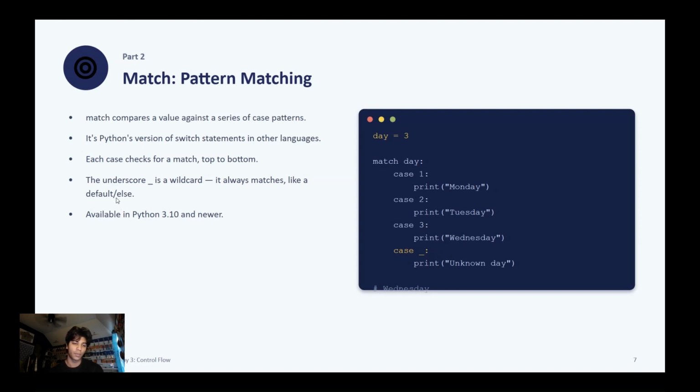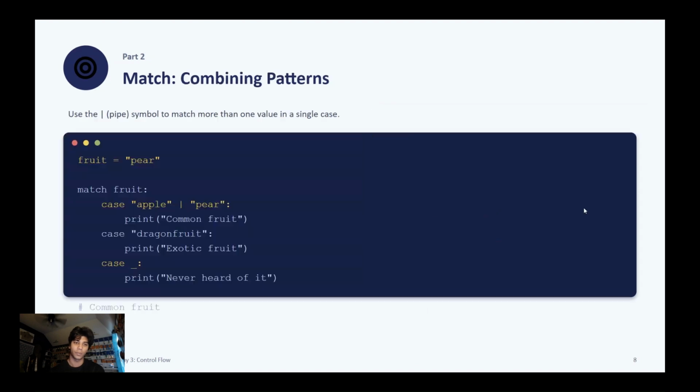This is only available in Python 3.10 and newer, so it's relatively new, I would say. But yeah, to match more than one value in a single pattern, it's basically going to be checking for something inside of something. For example, in this example here, it's looking for match fruit and whatever fruit is here.